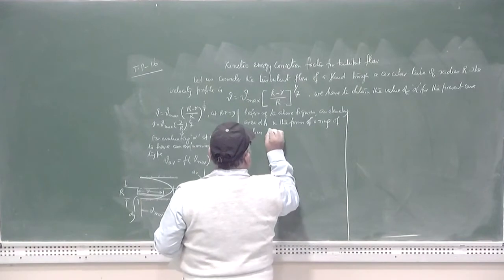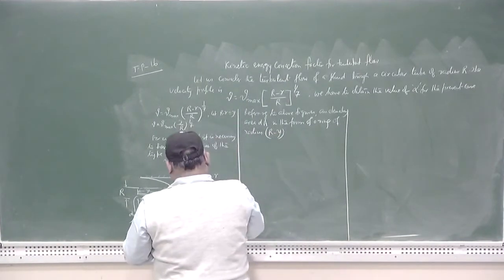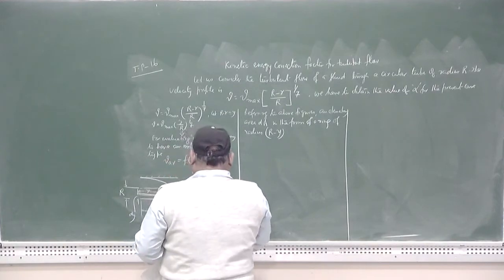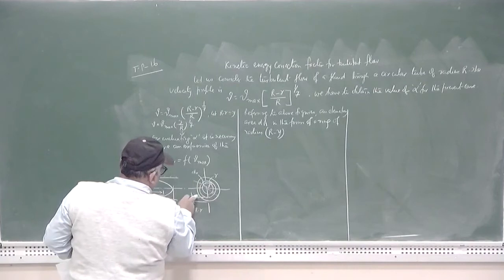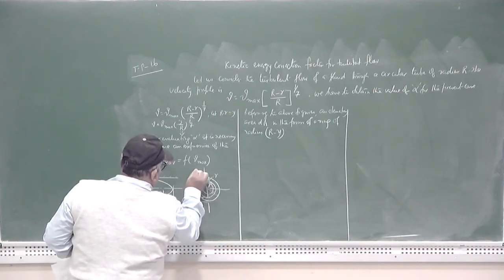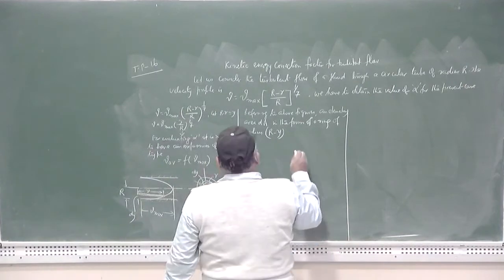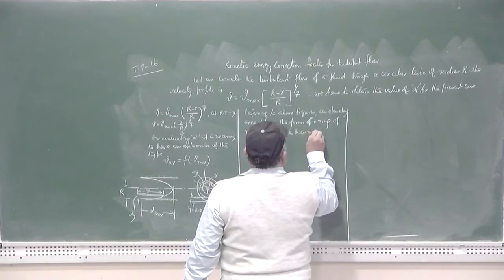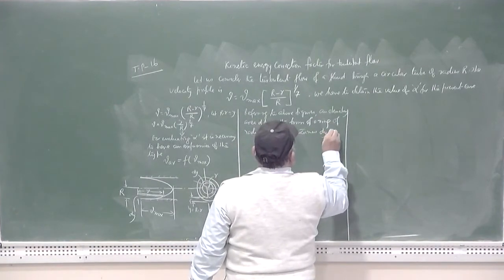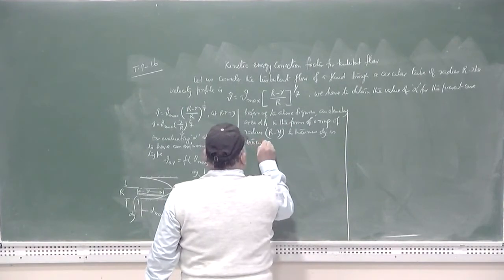So, of radius R minus y, the thickness should be dy, because y is changing.